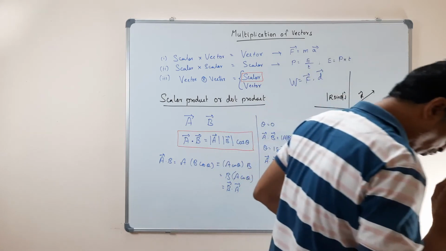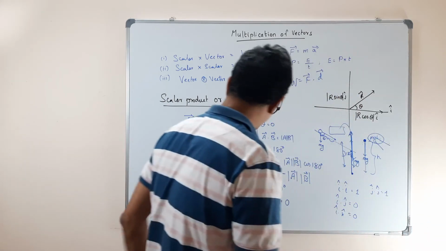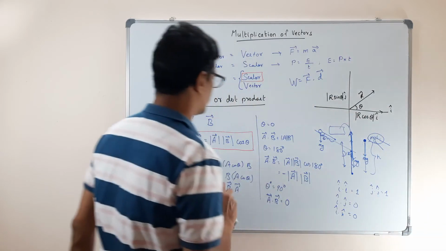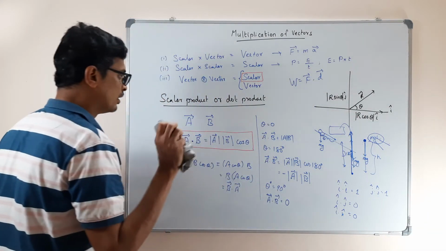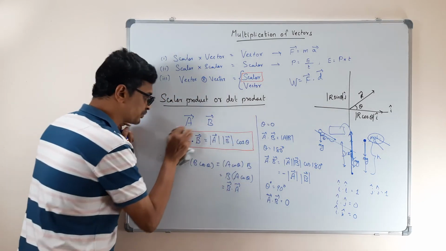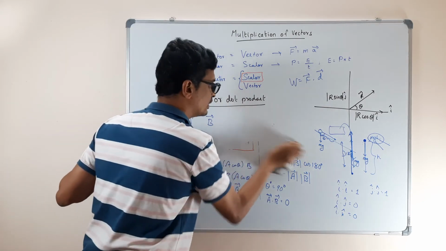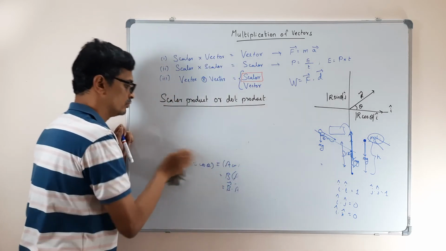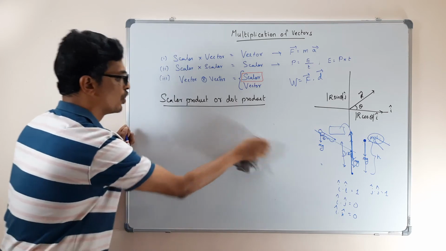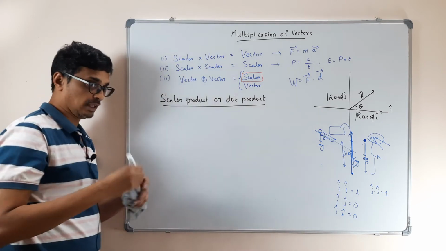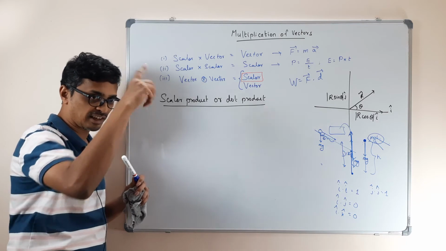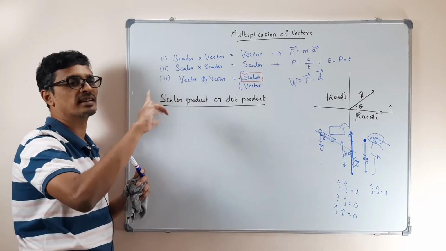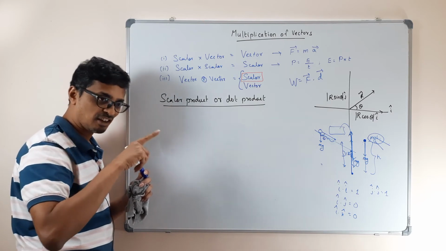Okay, the scalar product of vectors expressed in terms of rectangular components. They are taken in 3 dimensions. I will show you that. The last class we saw how to resolve a vector into rectangular components, right? Because the parallelogram law or triangle law says two vectors can be written as a resultant of one vector.